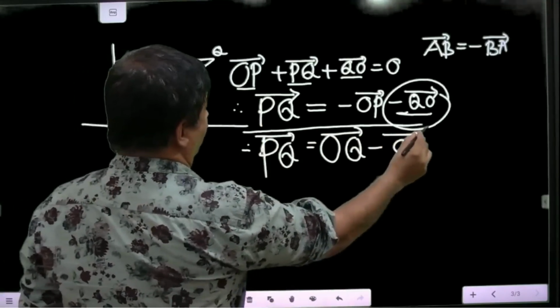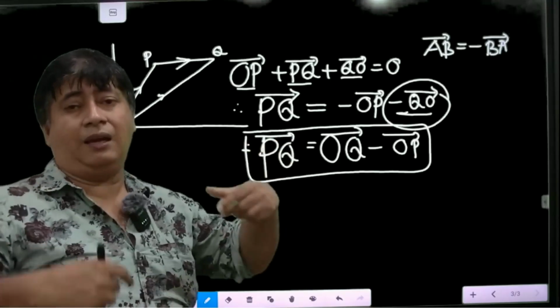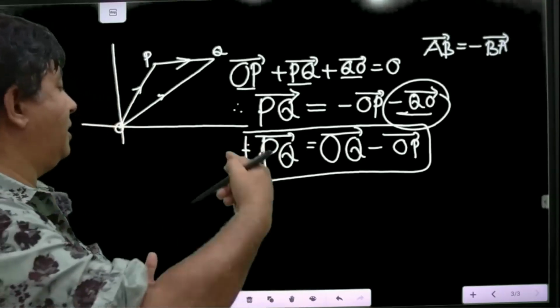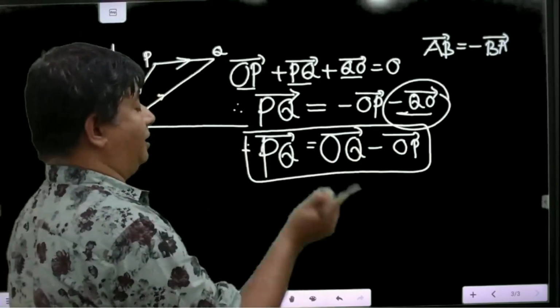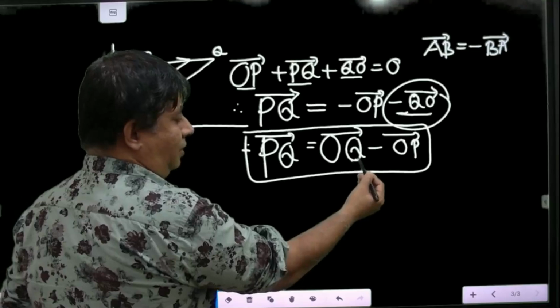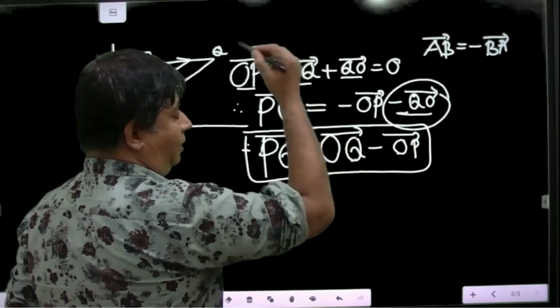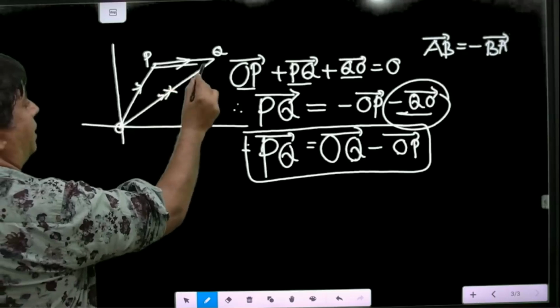So, what conclusion can we draw? PQ vector can be expressed as the difference of two vectors which join the origin and the final position, final minus initial. See, OQ minus OP is PQ.